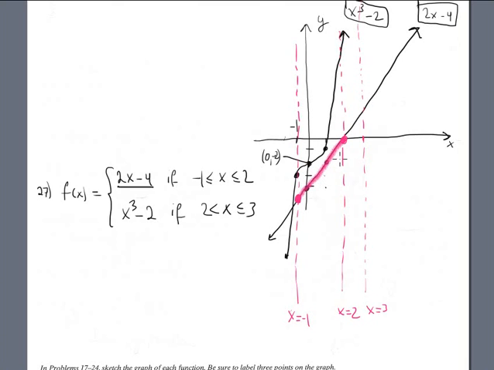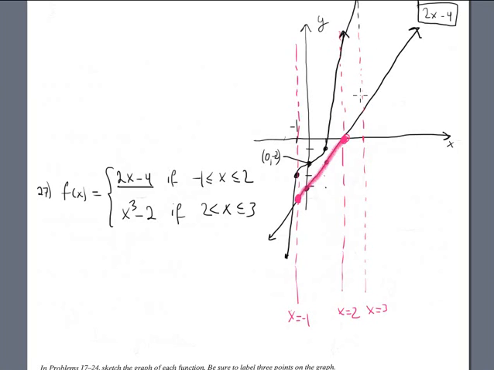This is valid, and we have 2 full here and full here. Okay, this curve continues, I suppose, like that.